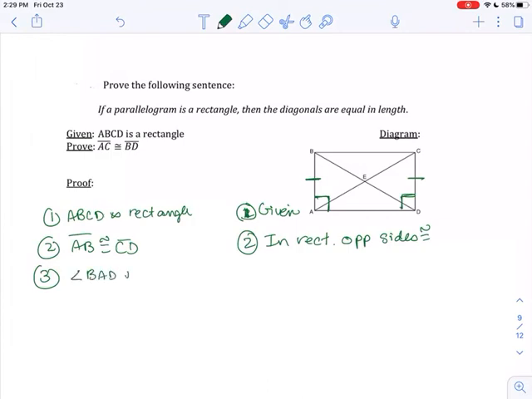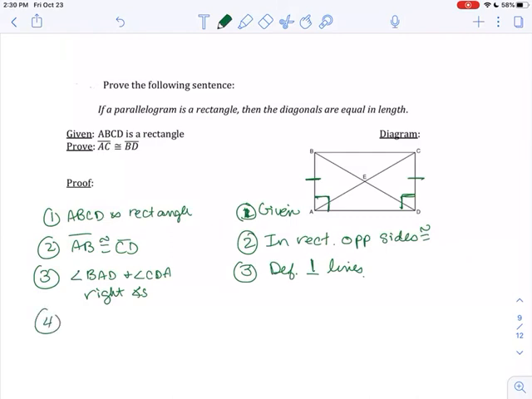All right, and I do know that in a rectangle, these are right angles. All of them are right angles, okay? But angle BAD specifically and angle CDA are right angles. Okay, definition of perpendicular lines.